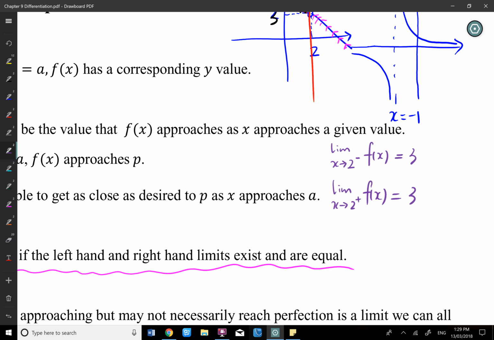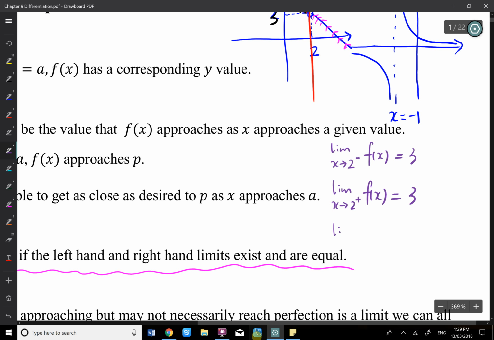That's what you need to discuss. If they ask you whether it exists or not, you need to discuss the left hand side and right hand side. On the right hand side, people walk upstairs, and you can get 2.9, 2.99, 2.999, so it's approaching 3 as well.